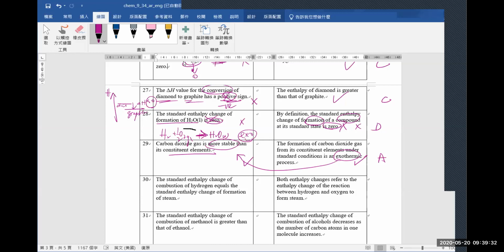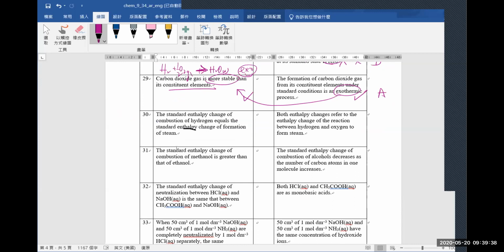30. The standard enthalpy change of combustion of hydrogen is equal to the standard enthalpy change of formation of steam. Wow, a very authentic question. Both enthalpy terms refer to the change to form steam.